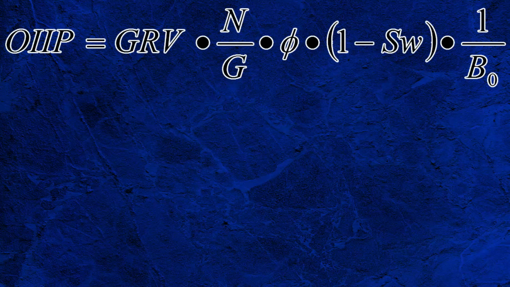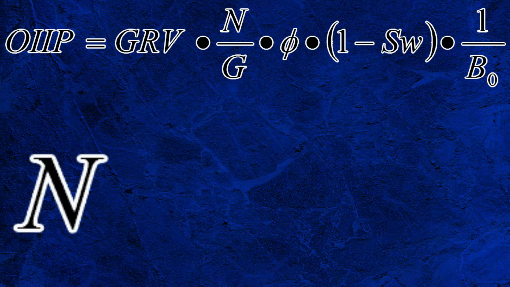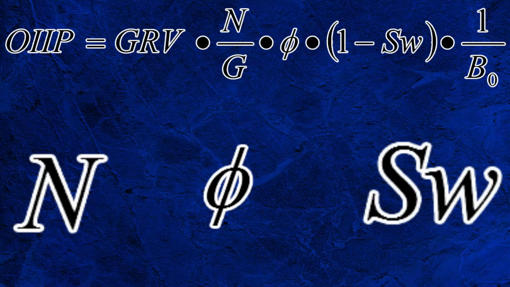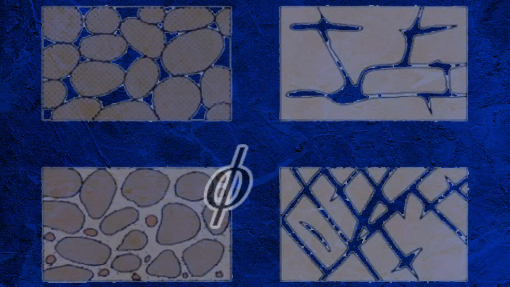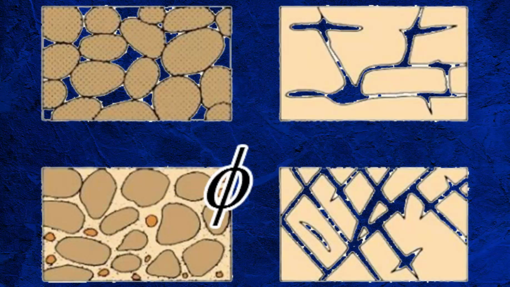For example, in the hydrocarbons in place equation, what we're particularly interested in and what we can get from core is net, which is from permeability testing, total porosity, and water saturation. For net, which is mainly a permeability cutoff, there's a number of different test methods available, Klinkenberg permeability, probe permeability, etc. For porosity, we can measure helium porosity and we can resaturate the core samples in formation water and determine its resaturation porosity.